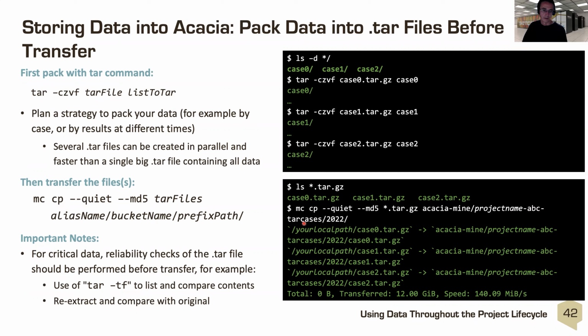In this case, I'm going to use this bucket tar cases to store all the tars. I'm also using a prefix called 2022, and down there, all the tars are going to be copied. So case 2 is now in Acacia Mine, the bucket, the prefix, and stored as a tar file in Acacia.